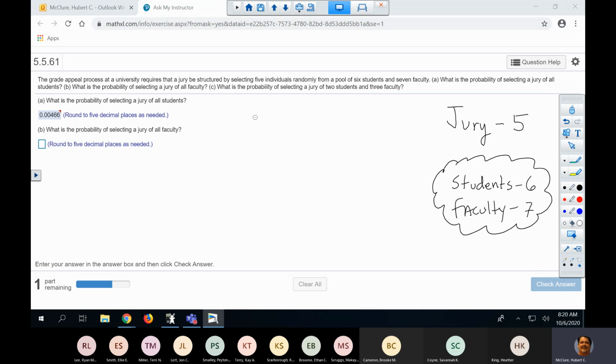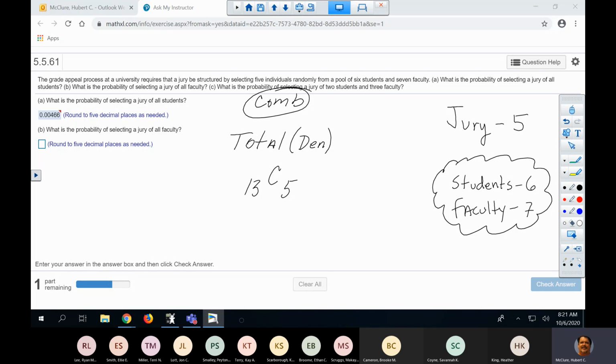So this is a combination because a jury has no order, okay? So our total, which is our denominator, is going to be 6 and 7 is 13, 13 combination 5. That's going to be your denominator.